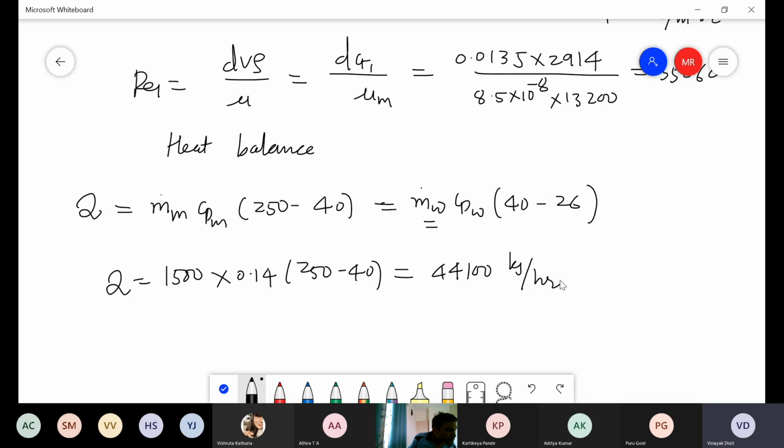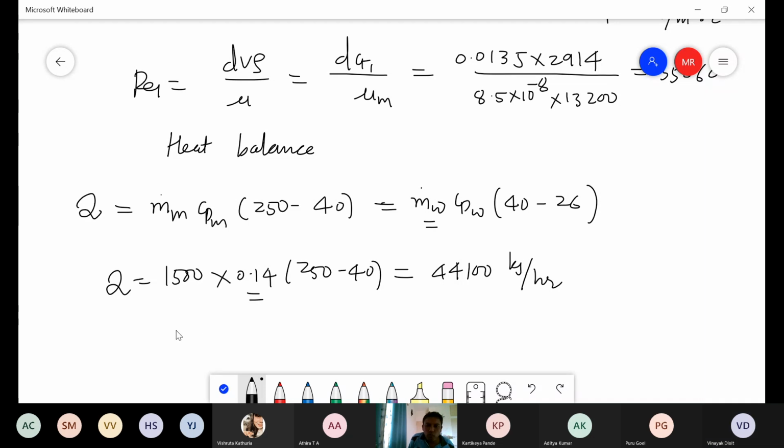But Cp is given in kilojoule per kg, isn't it? This Cp is given in kilojoule per kg, and the mass flow is given in kg per hour. Okay, sir. Okay.